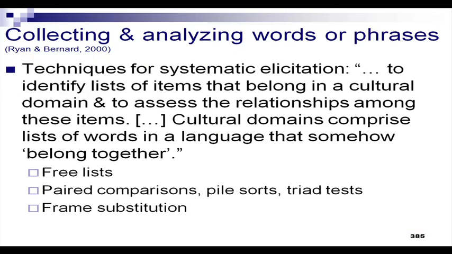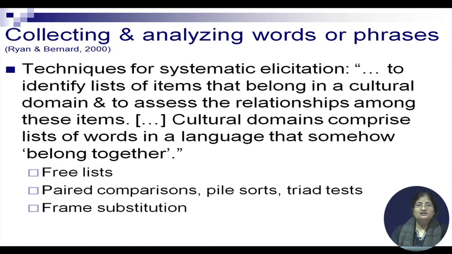Collecting and analyzing words or phrases. How do we collect and analyze words or phrases? The aim of techniques for systematic elicitation is to identify lists of items that belong in a cultural domain and to assess the relationships among these items.